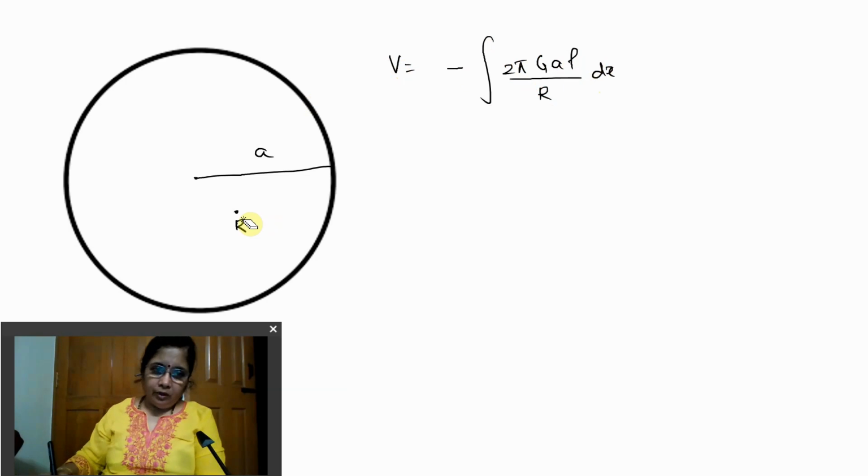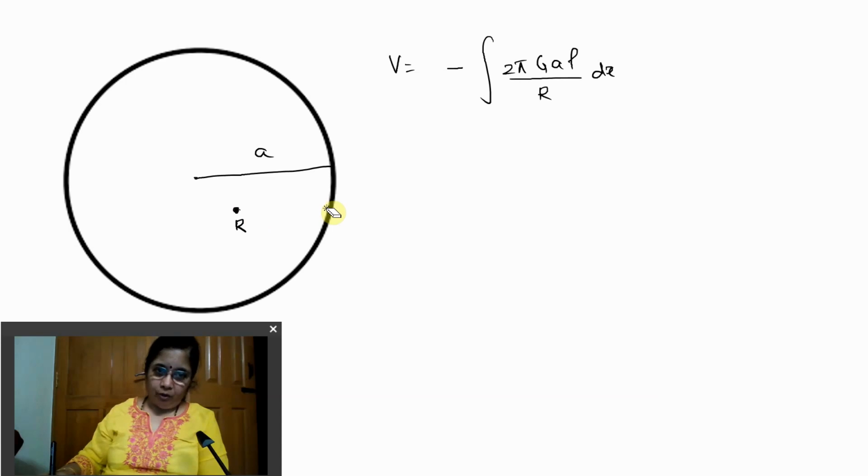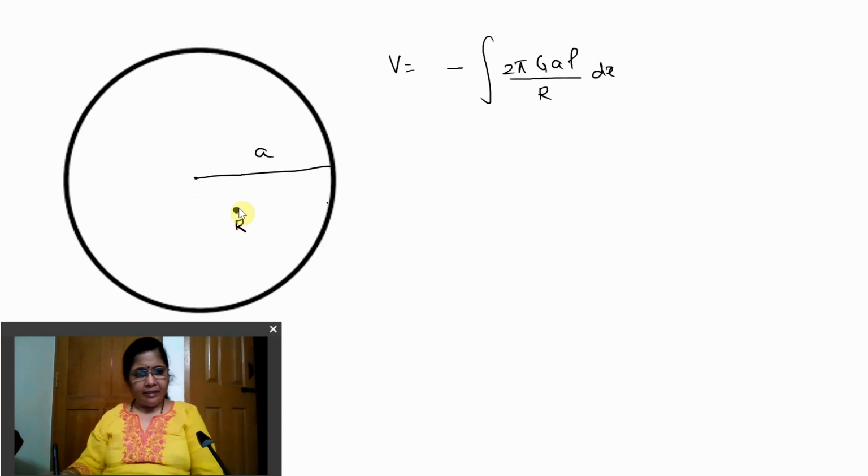Now, if you take this point, this is the distance a, which means this point will have an influence everywhere up to this point. When this point has an influence here, how will you take the distance? The total distance a minus this R will give you this lower limit.